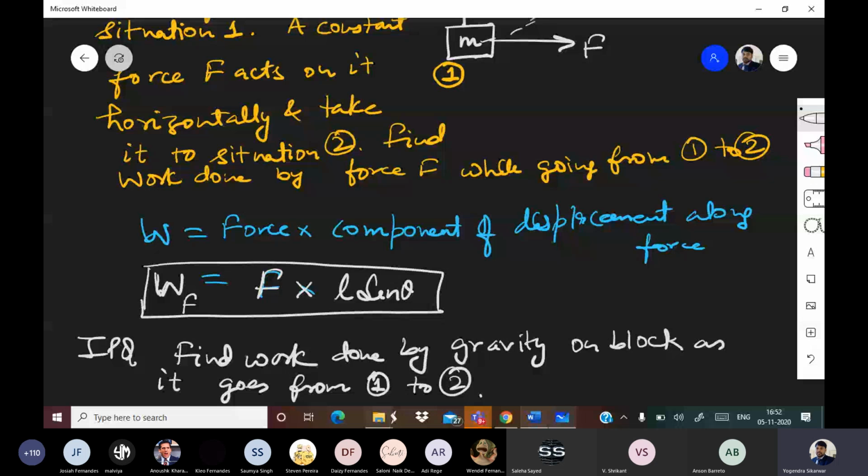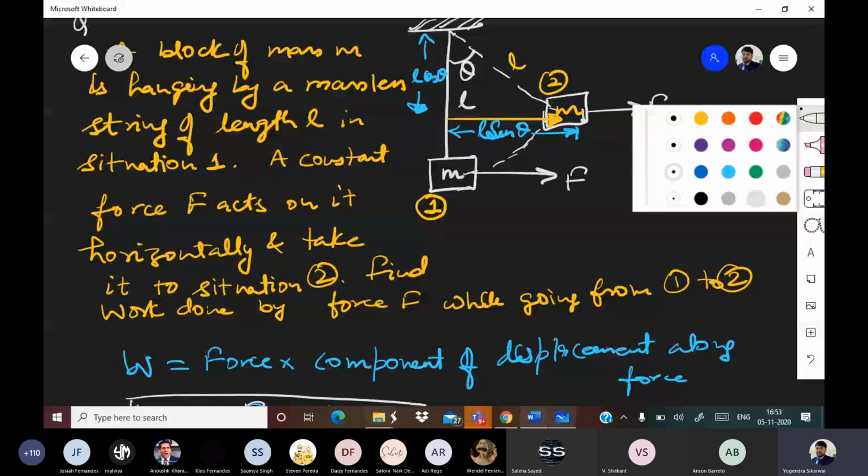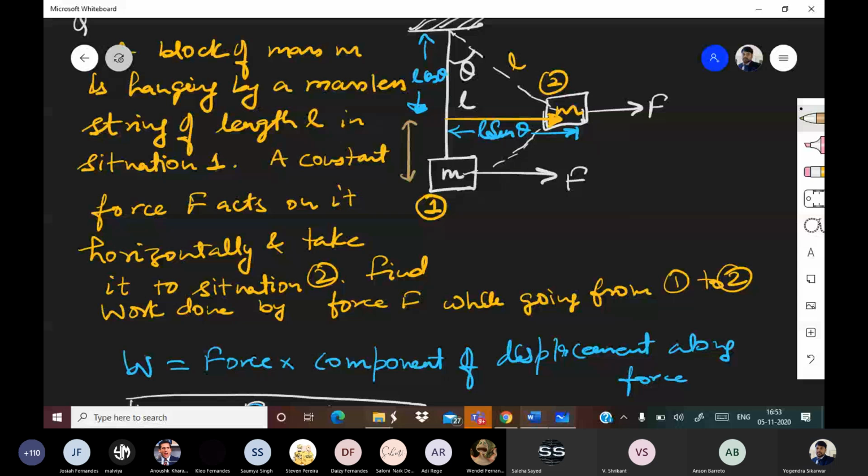Shriv is saying minus FL cos theta. Anson is saying minus MGL cos theta. Pay attention. The displacement of the block is only this much, between this point and this point.